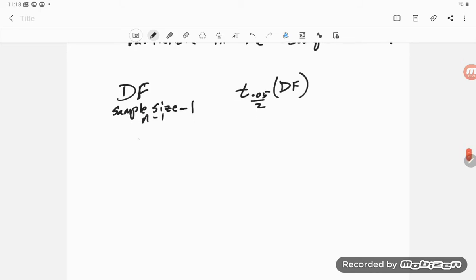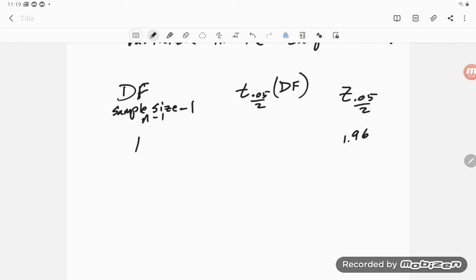And so it starts with 1. And remember that for us with z, this z 0.05 over 2 is the number 1.96. Well, it's really big if I have a sample size of 2. So sample size minus 1 is 1.